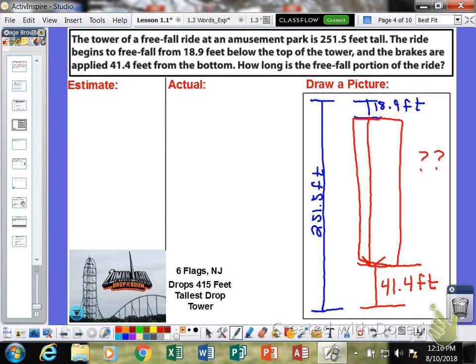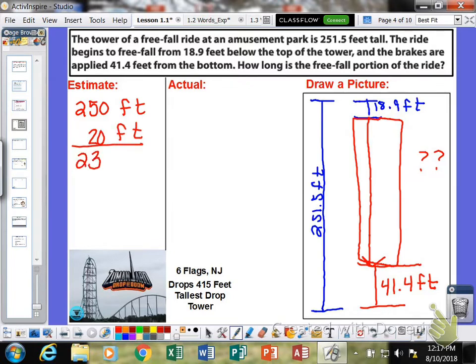So, we could say, all right, that's about 250 feet is the total thing. I know it's a little higher. Again, we're estimating. We'll say that the piece up here, from when it starts to free fall, is close to 20 feet. So we can subtract that.